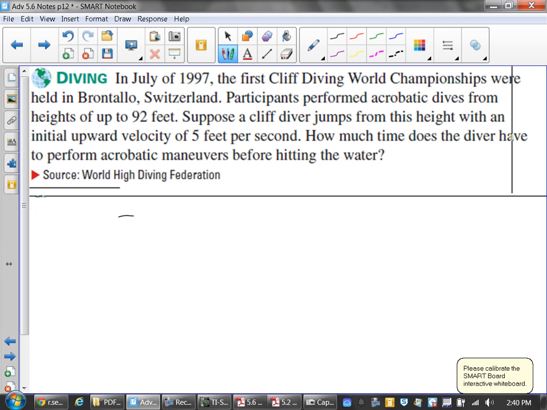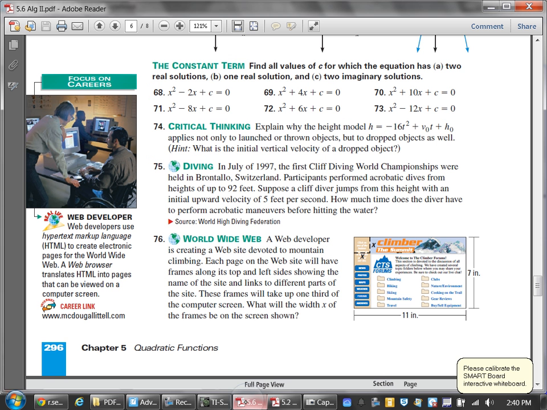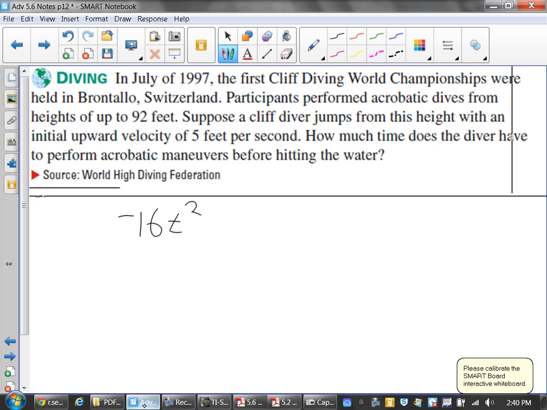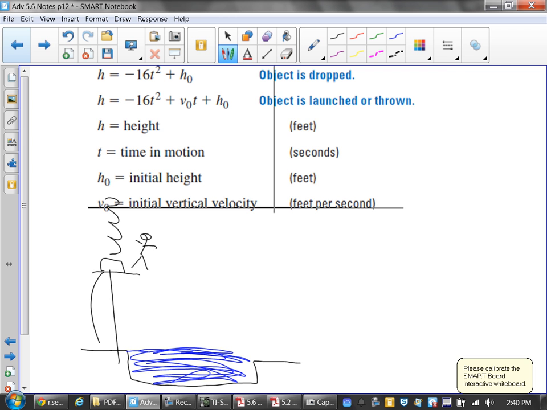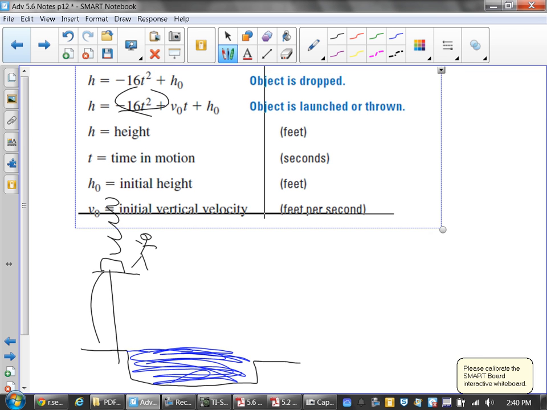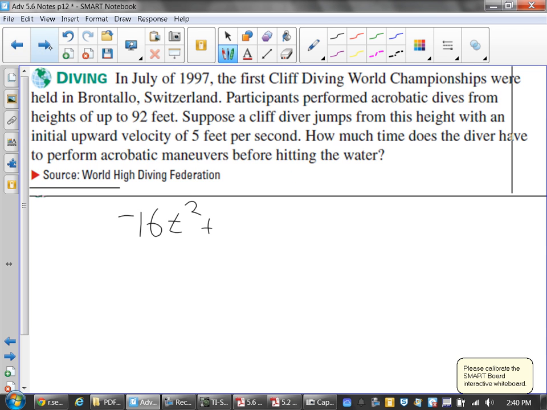This is why I'm saying you got to pay attention to the model here. Negative 16t squared. Let's draw a picture. This is a constant there, that negative 16t squared. Initial velocity.